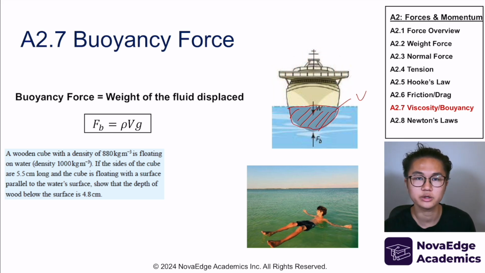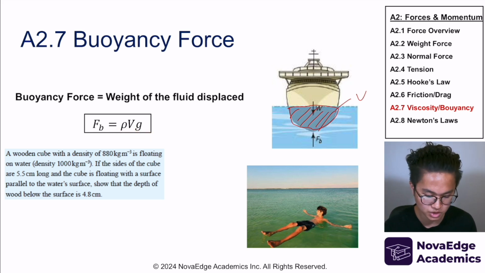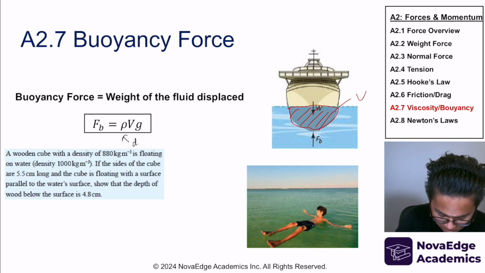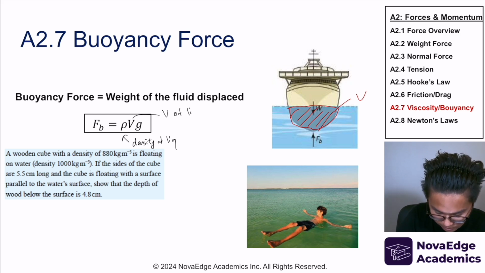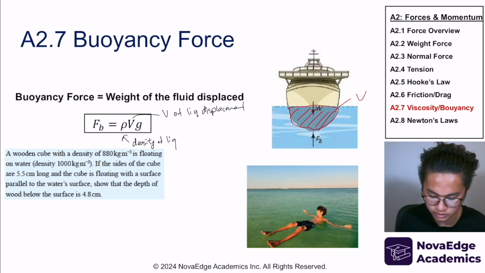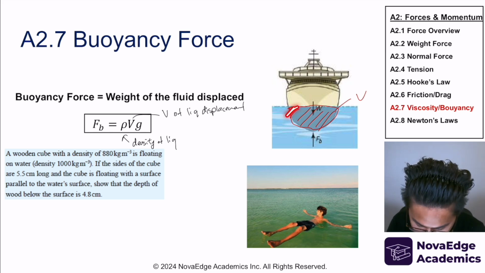Now, how can we calculate the buoyancy force, right? There's a specific formula for that, and that is rho times V times G. Now, rho here is the density of liquid. V is the volume of liquid displaced by the object that is floating. So in this case, that is the volume here.